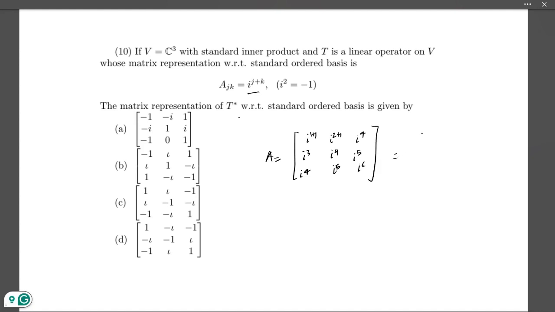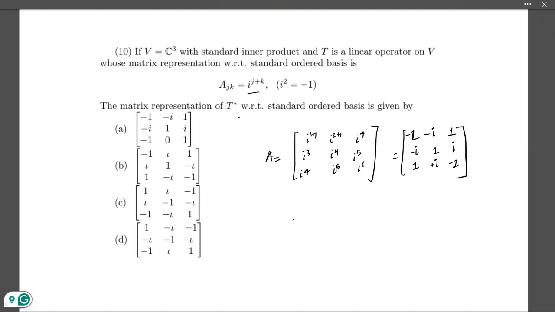This is your matrix. This is minus 1, this is minus I, this is I power 4 which is 1, so 1 is here, minus I is here. Here I power 4 is again 1, I power 5 is plus I, here also plus I, I power 6 is again minus 1.